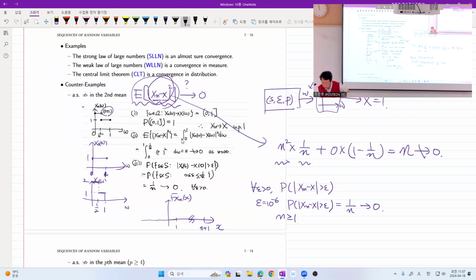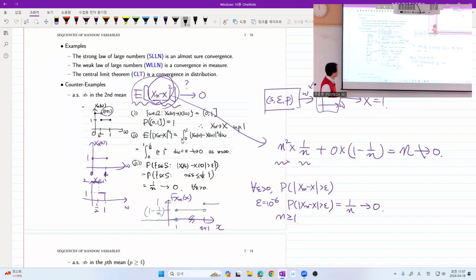Jump discontinuity, right? This value is 1. And what is this one? What is this value? 1 minus 1 over n, right? See, the size of this interval is 1 minus 1 over n, and the size of this interval is 1 over n. So here, this difference is 1 over n, and this difference is 1 minus 1 over n. So you have this stepwise function.